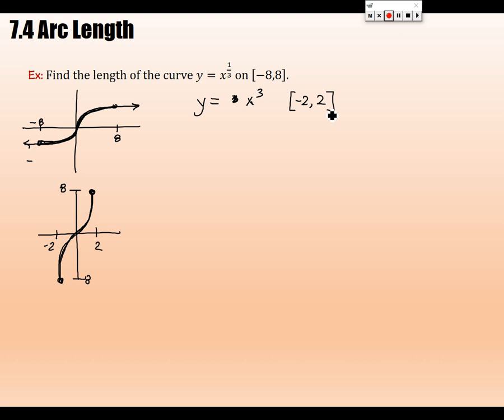A reflection over the line y equals x, guys. A reflection is a rigid motion, right? It preserves distances, doesn't it? So if we've done a rigid motion of some kind, a rotation, a reflection, or a translation, then we still have the same length. If we can answer this question, which is quite easy, this is differentiable the whole time, then that will be the answer to our question too, because it's the same length as the picture we have. So that's the real story. So we'll integrate instead the function y equals x cubed from -2 to 2.